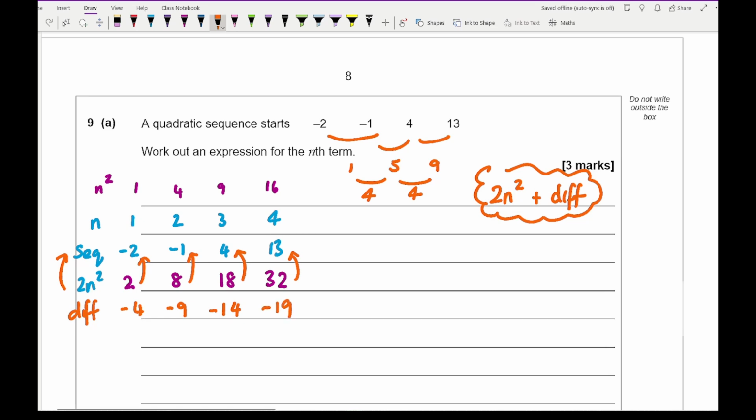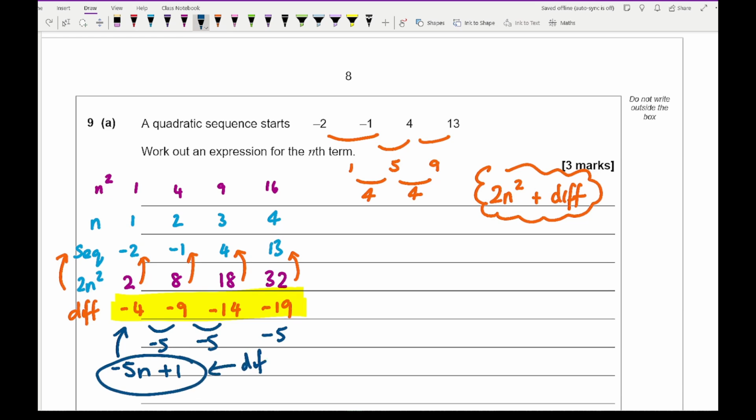Now as you can see, the difference values aren't the same, so that itself turns into a sequence. So here I've got a difference of minus 5. As it's all the same, that's going to be a linear sequence, so it's minus 5n. And then what do I have to do to get from minus 5 to minus 4? Well, I need to add 1. So this is my sequence for the difference.